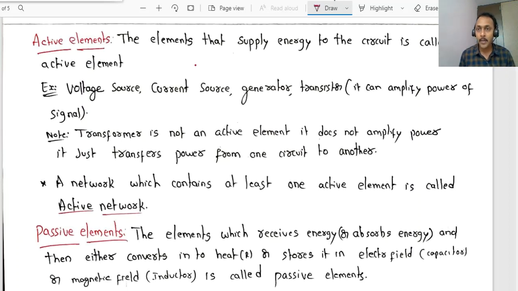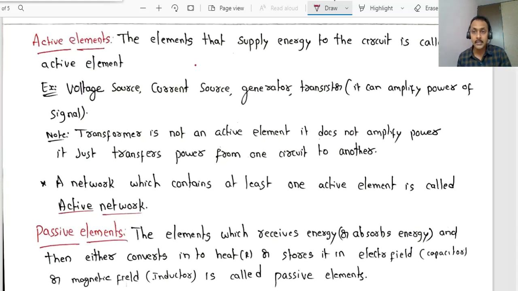They all supply energy to the circuit, to the remaining elements present in the circuit, like resistor, inductor, and capacitor, or some other elements. Any element that supplies energy is called an active element. Clear? Example: voltage source, current source, generators, transistors, right?